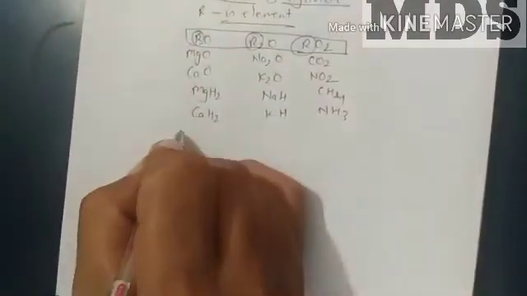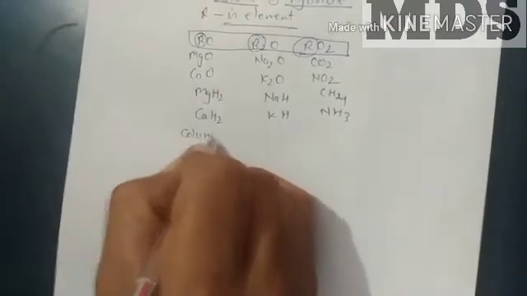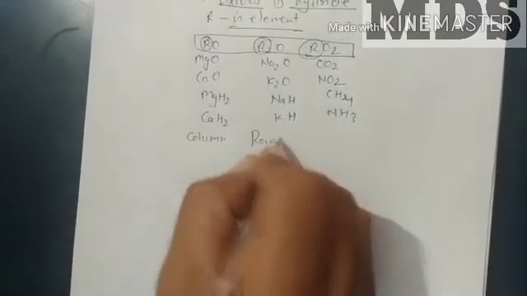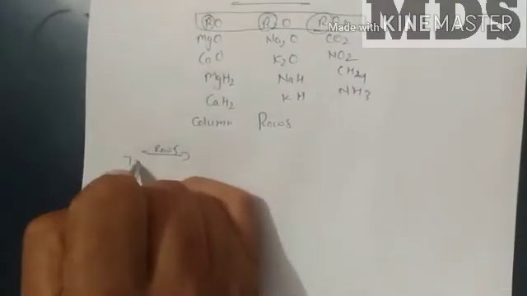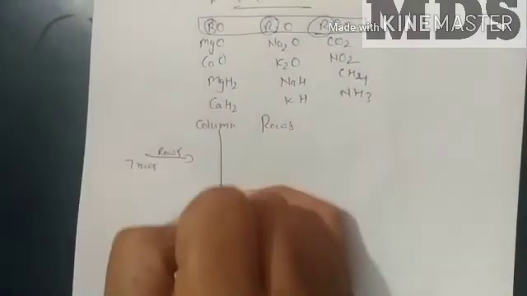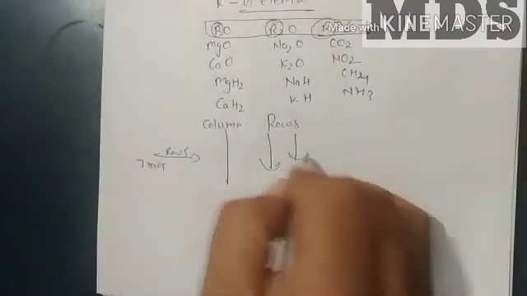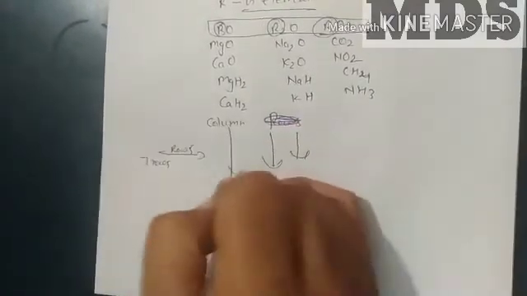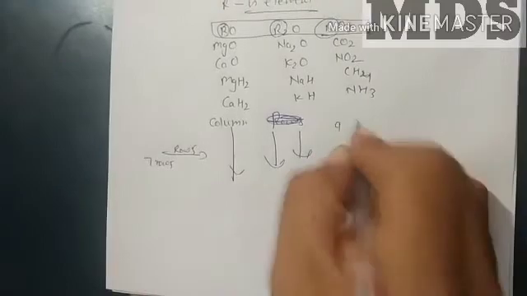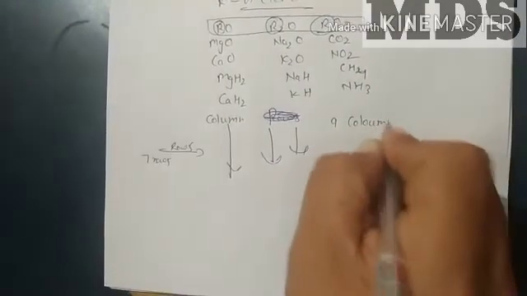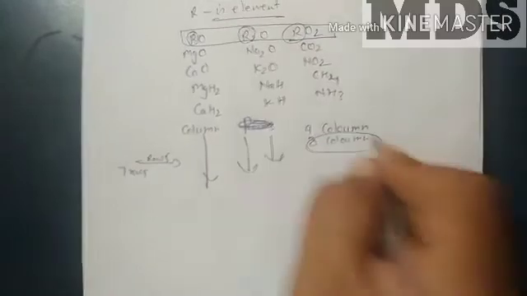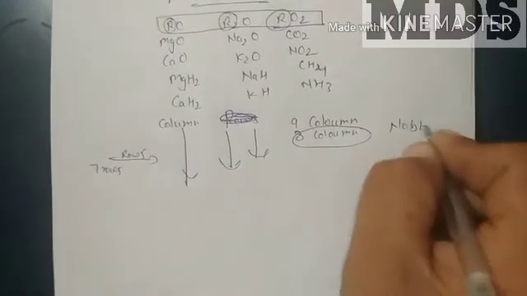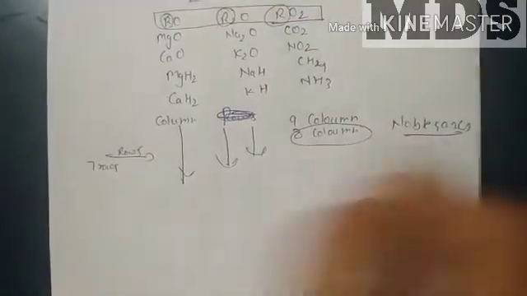So for every element, he studied what kind of oxides and what kind of hydrides they form, and according to them, he put them into columns and rows. These are known as rows. There are 7 rows in his periodic table. These are the columns going downward. So there are 9 columns in total. When he did the classification at that time, 8 columns were there. One more column, that of noble gases, got attached to it afterwards.